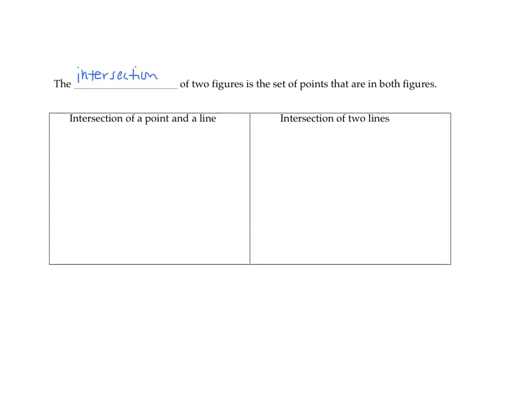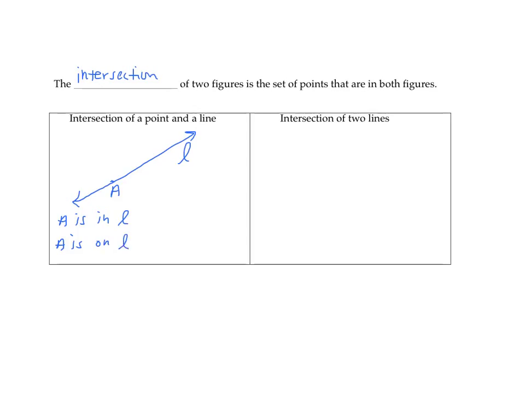The intersection of two figures is the set of points that are in both figures. For example, the intersection of a point and a line is simply that one point that is on the line. So we can say that point A is in line L. We can say that A is on L. Either is appropriate.